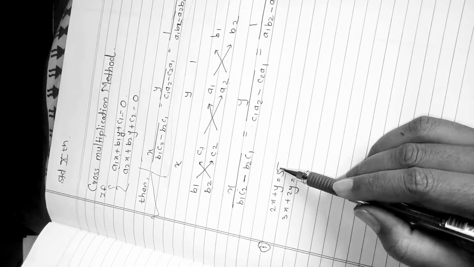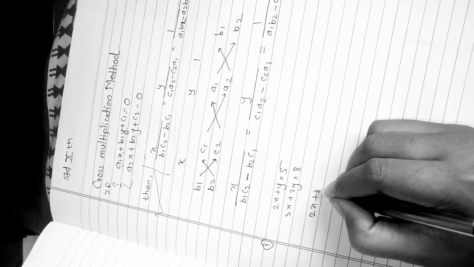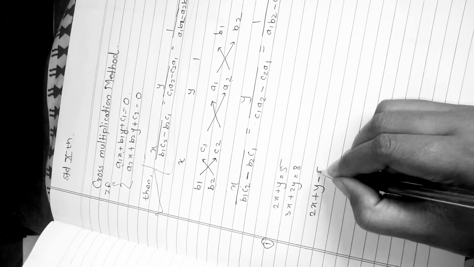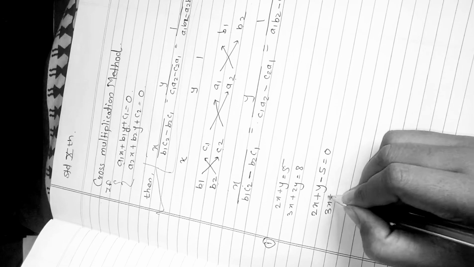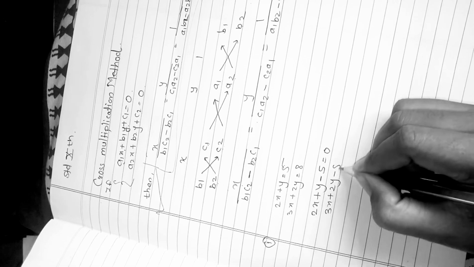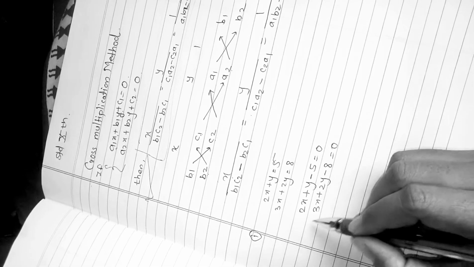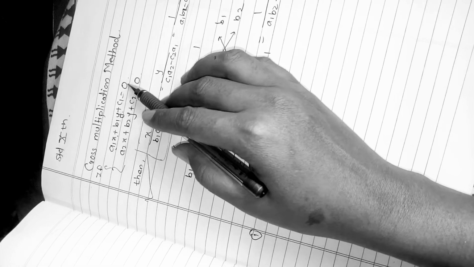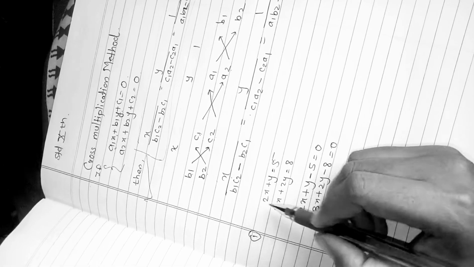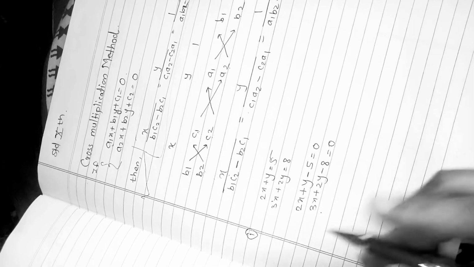So we write these equations as 2x plus y minus 5 is equal to 0 and 3x plus 2y minus 8 is equal to 0, in the linear equation form.